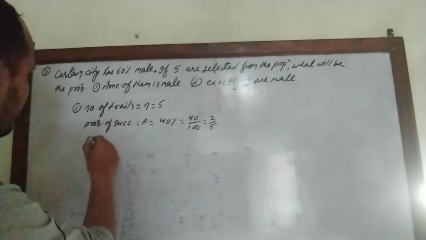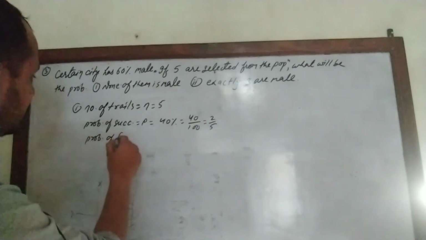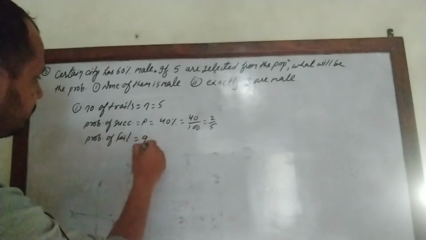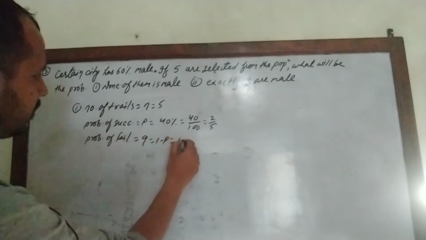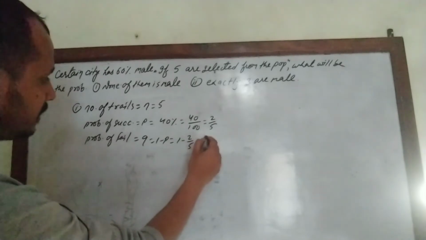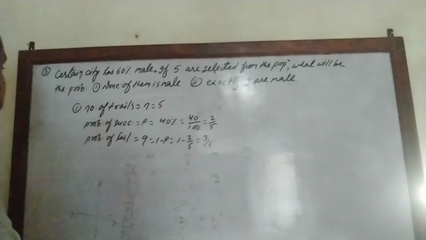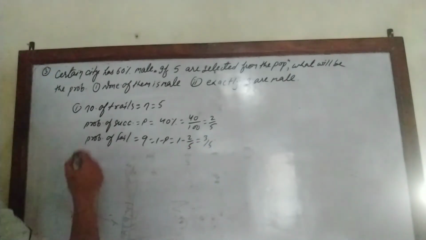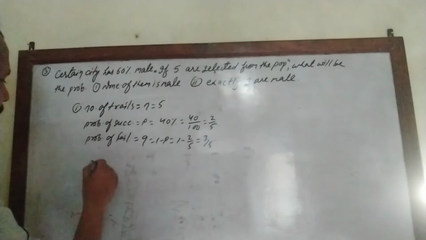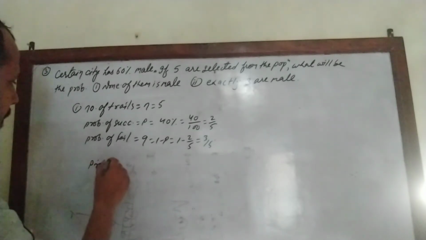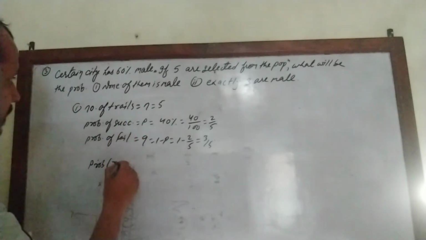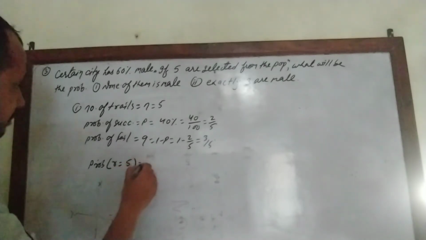So the probability of failure, 1 minus p, will be 1 minus 2 by 5, equal to 3 by 5. Then r: none of them male means we need female 5 times.